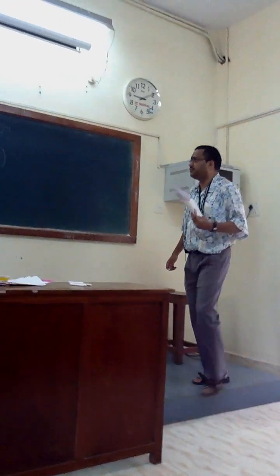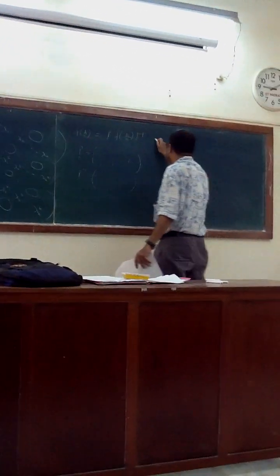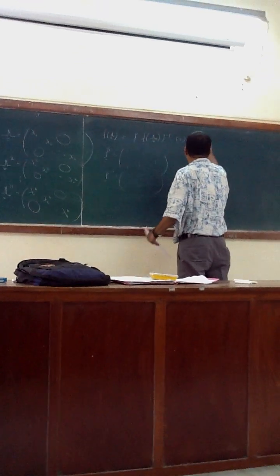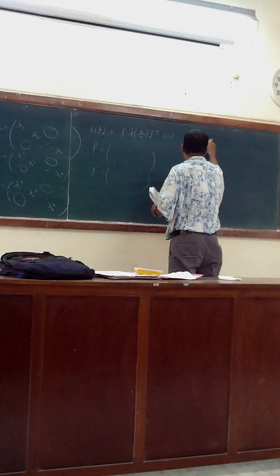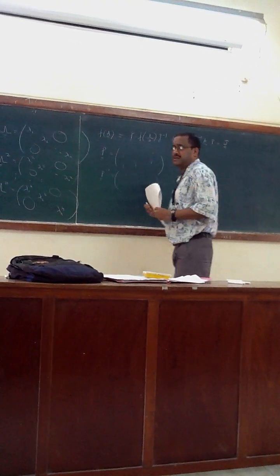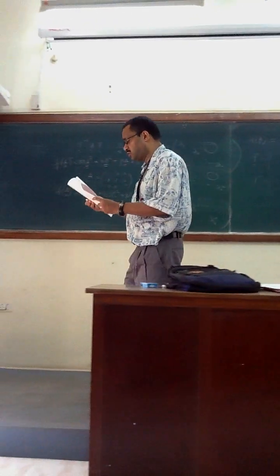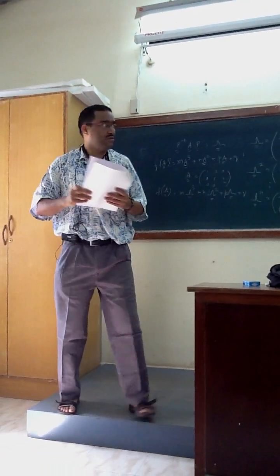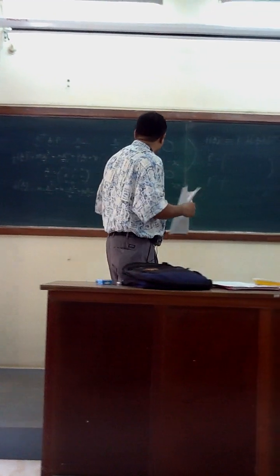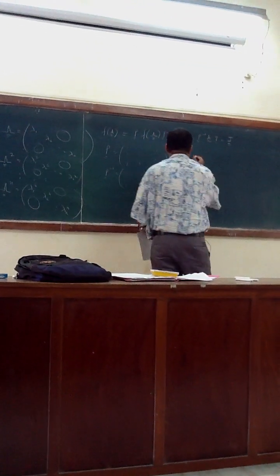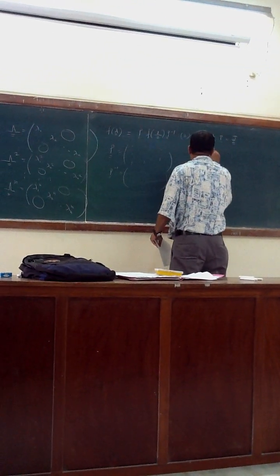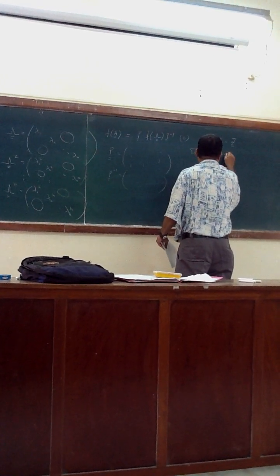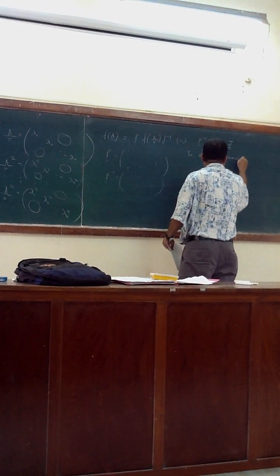So now the second case is P inverse AP equals the Jordan matrix, right? Okay, P inverse AP equals Jordan matrix. So how to prove that? In a similar manner. You can go home and prove it.